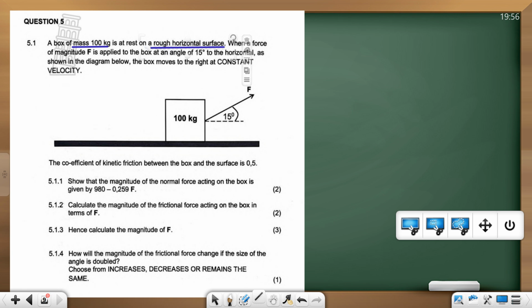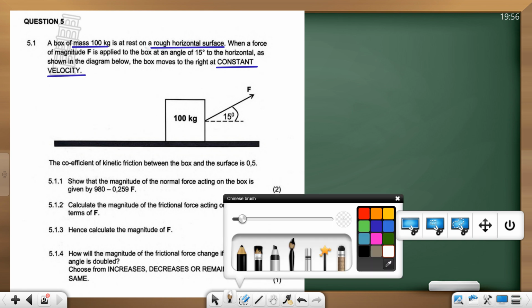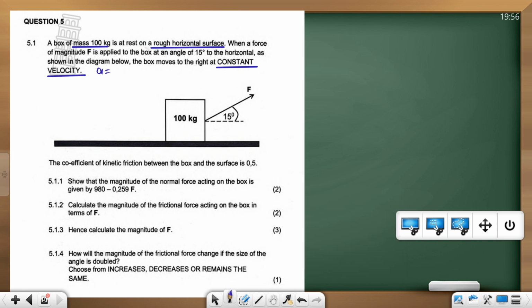When the force of magnitude F is applied and the object moves at a constant velocity, we know what that means: acceleration is equal to 0. The coefficient of kinetic friction, these are important points, is 0.5. Show that the magnitude of the normal force.